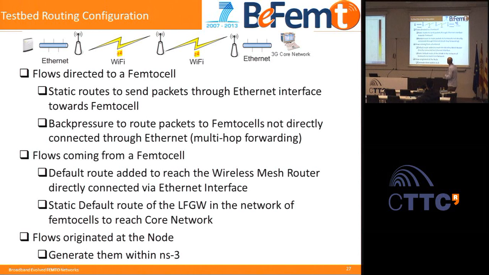So at the end, in practice, in order to emulate this wireless home NB, we set up distributed back pressure routing for dealing with the Wi-Fi links, and a static route to deal with the Ethernet link between the femtocell and the Wi-Fi mesh router. So whenever a packet is directed to the UE connected to this femtocell, the Ethernet is used, and whenever the packet is not for a UE attached to this femtocell, distributed back pressure routing is used for the Wi-Fi backhaul.